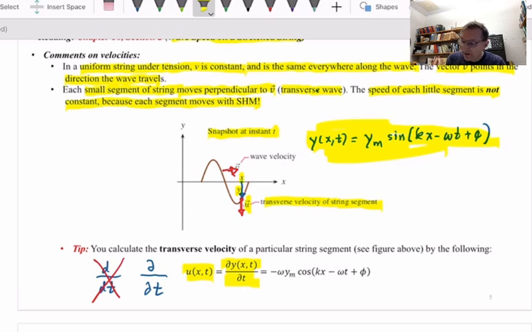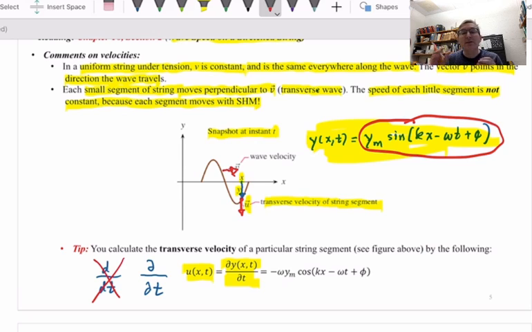And the y function is right up here. So we take the partial derivative of that function with respect to t. That means treat everything except t as a constant. Y max, k, x, omega, phi, all constants. You do need the chain rule because I've got y max sine blob, and I need to differentiate that with respect to t. Well, the derivative of sine blob is cosine blob times the derivative of the blob. Okay, so I've got a y max out front.